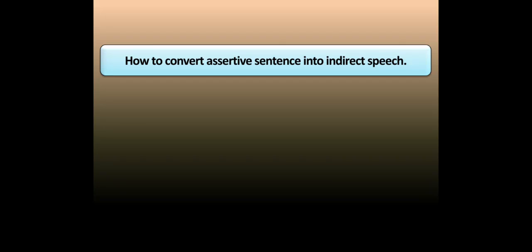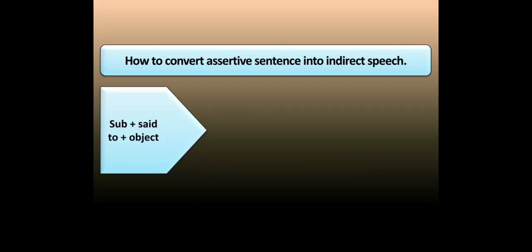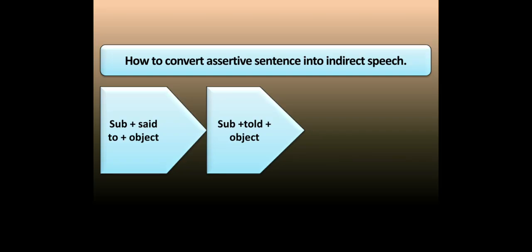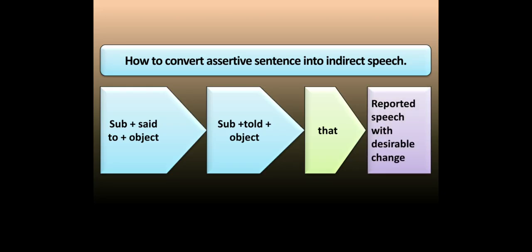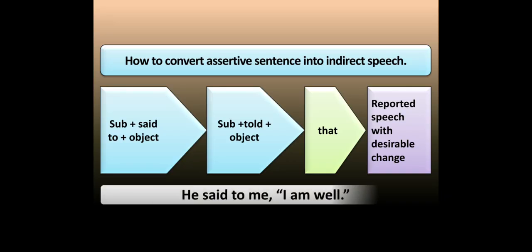How to convert an assertive sentence into indirect speech. Subject plus said to plus object will be subject told object. Then there will be that, and the reported speech with desirable change. That means the person will be changed and the form of verb will also be changed.